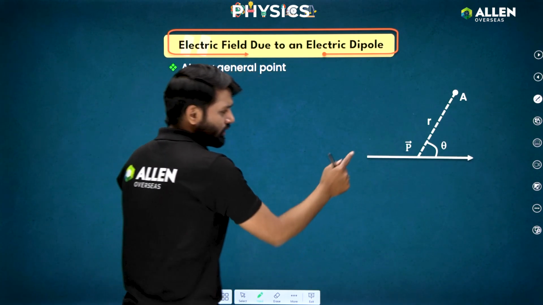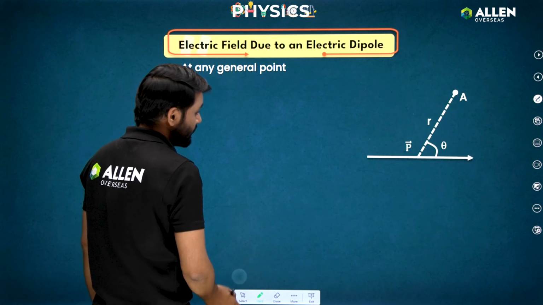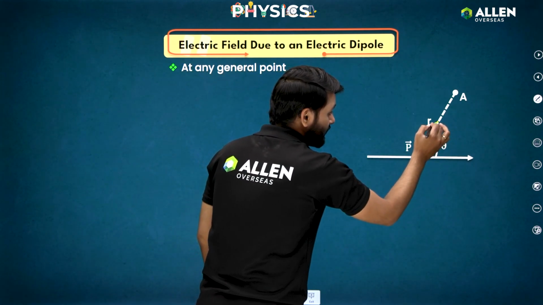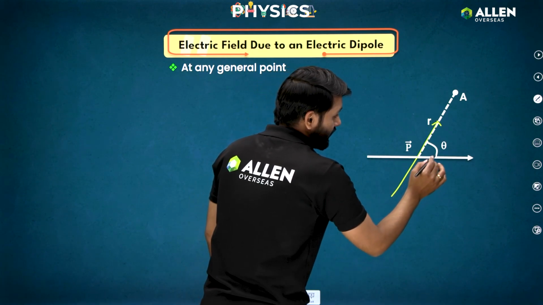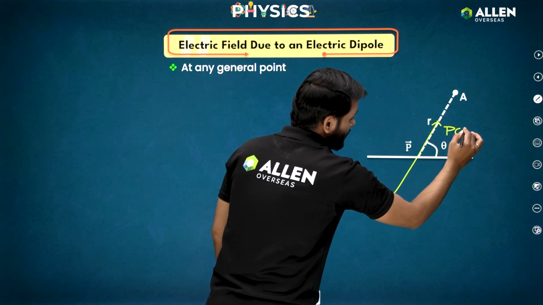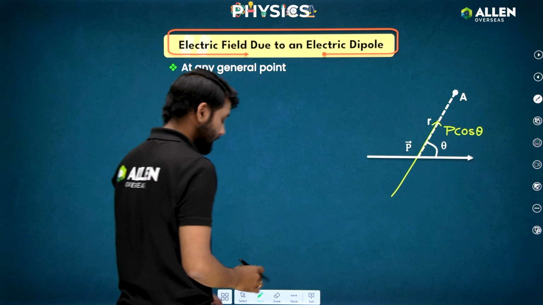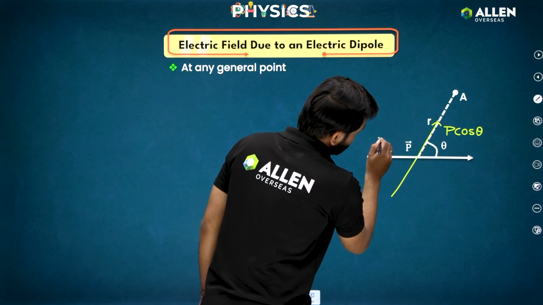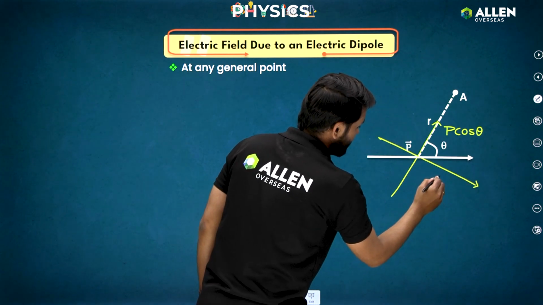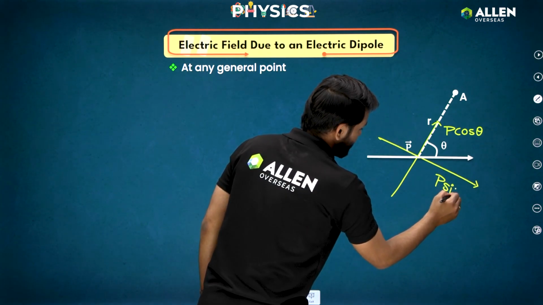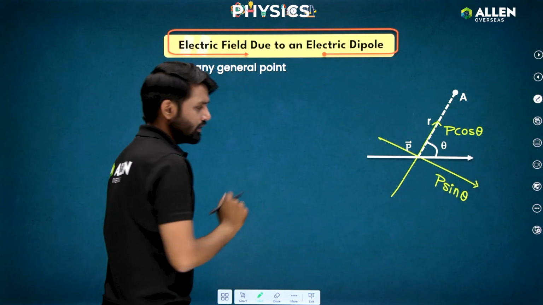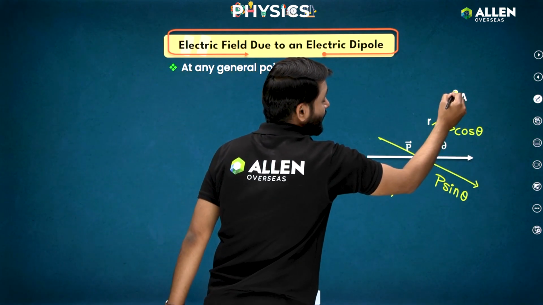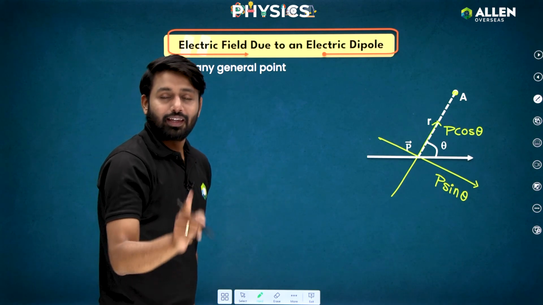So what you have to do, this is vector quantity. So just take two components of this. One is along this line. Okay, that component I'm using p cos theta. Okay, and one is perpendicular to this line. This is p sin theta. Now you can see, sir, we learn this type of concept because for this dipole, this point act as a axis, right?